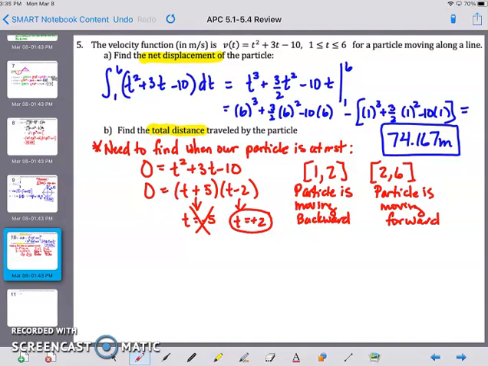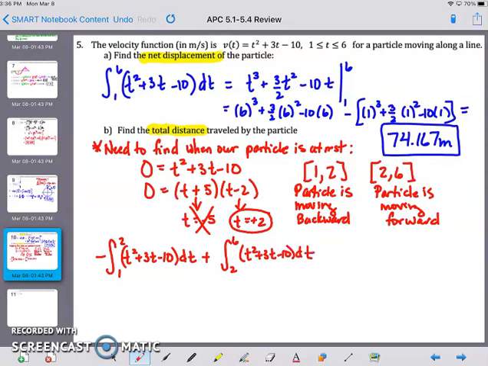Okay, so if I set this up as an integration problem, as I just said, since my particle is moving backwards on the interval from 1 to 2, then I'm going to have negative the integral from 1 to 2 of t squared plus 3t minus 10 dt, plus, then my particle is moving forward from 2 to 6, but again, same function, t squared plus 3t minus 10 dt.